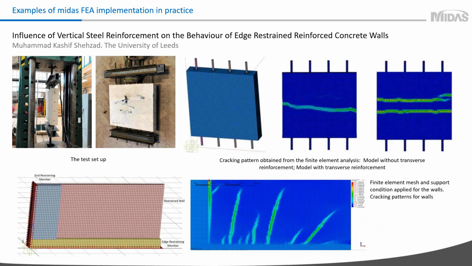For modeling of cracks, he used the total strain model with a fixed crack. As for shear reduction, he used a beta factor of 0.25. And Midas FEA allowed him to predict the crack pattern in the wall.